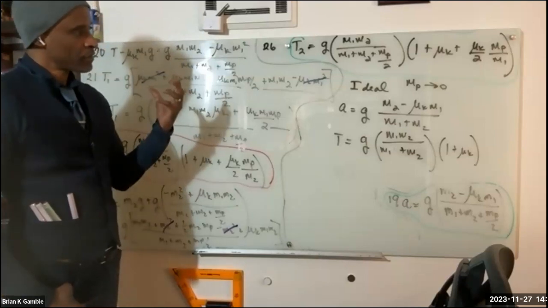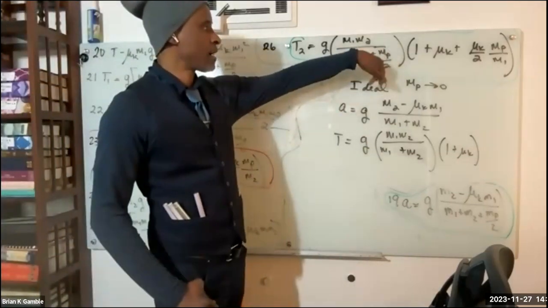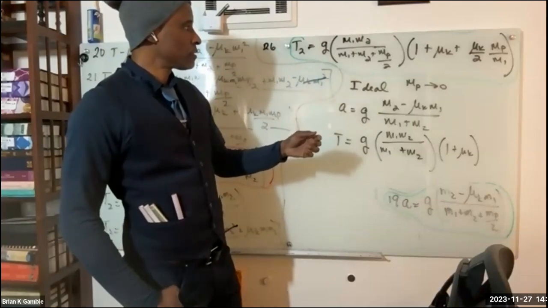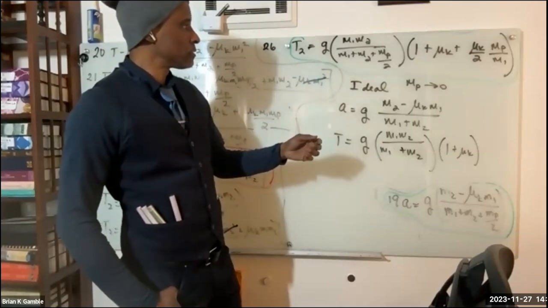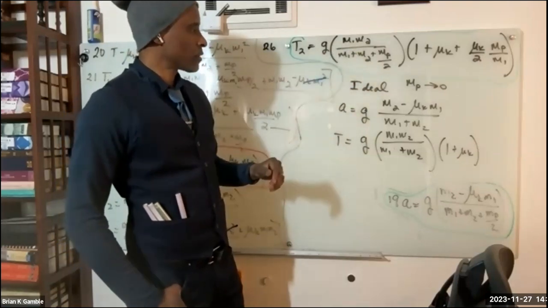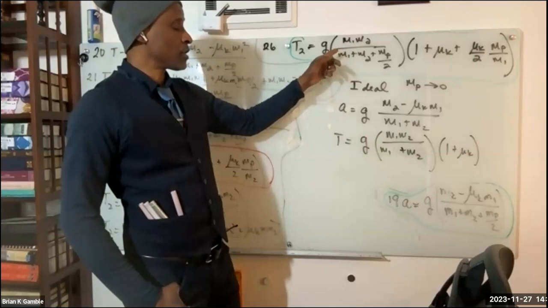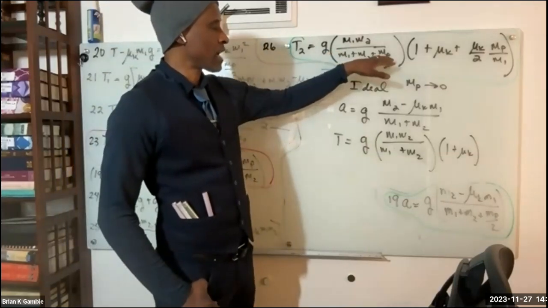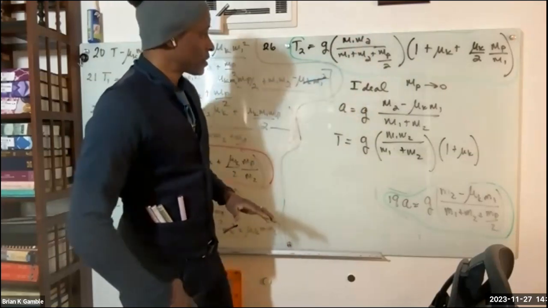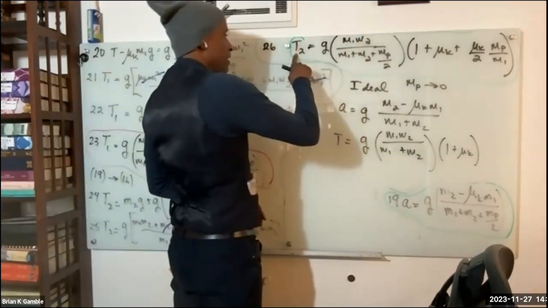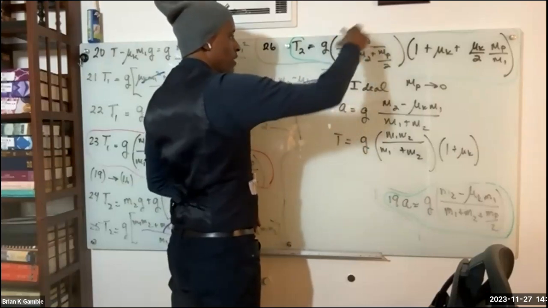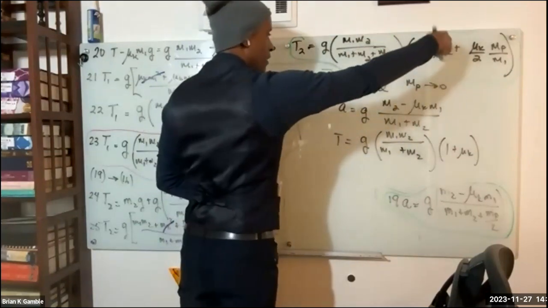But now that we're taking the moment of inertia in, we've got terms in the denominator of this mass ratio thing. By the way, this is not unitless. It's kilograms in the denominator, but kilograms squared in the numerator because it's mass times mass, which is what you should get because tension is acceleration times a mass. So you've got the acceleration term here, the mass term there, and a unitless term here.